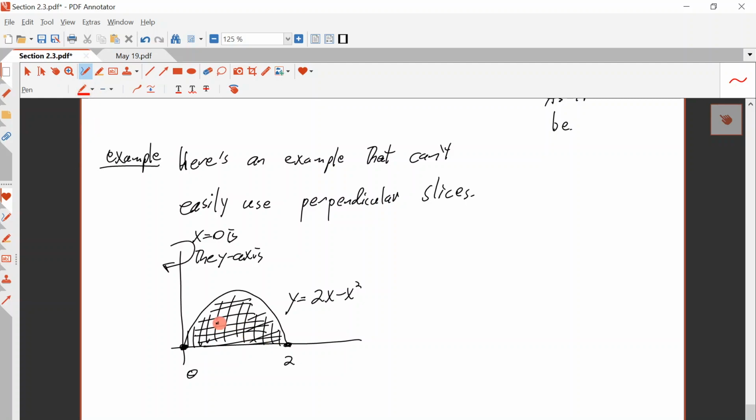Right, so if you were going to use slices, well, the washer shape is this. But you can't really solve for x in terms of y. You can, but it's tedious. There's a lot of tedium involved.